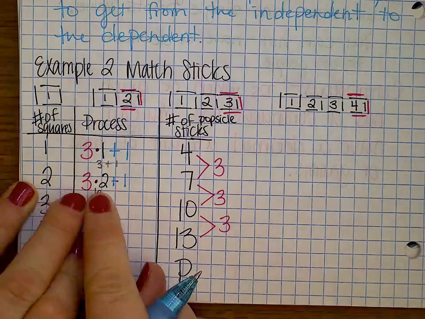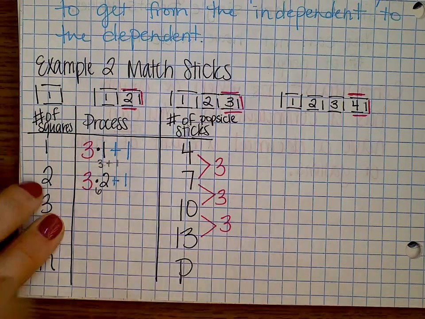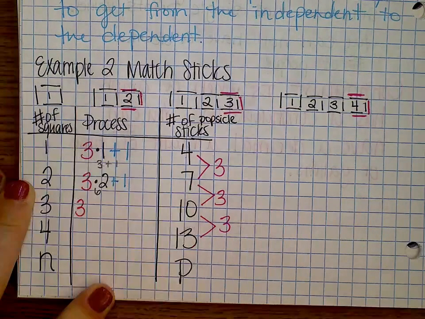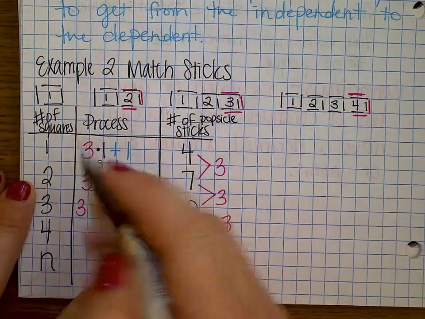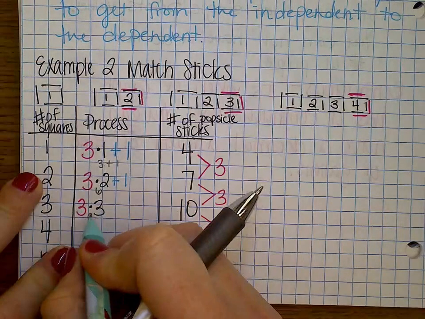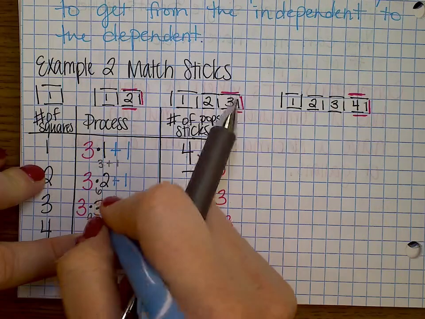So 3 times 2 is 6, plus 1 is 7. Now, let's continue and see if the pattern keeps working. So we have 3, notice that 3 is always there, times 3. 3 times 3 is 9. 9 plus 1 would in fact give me 10.